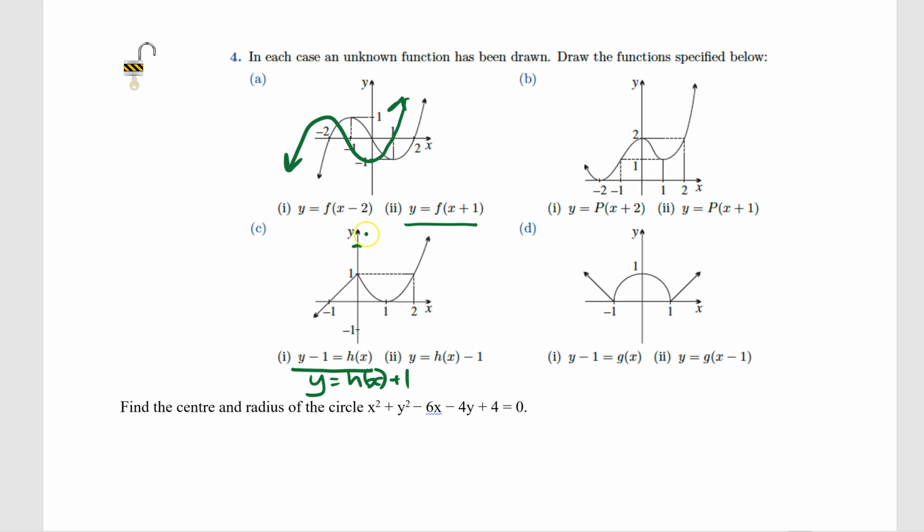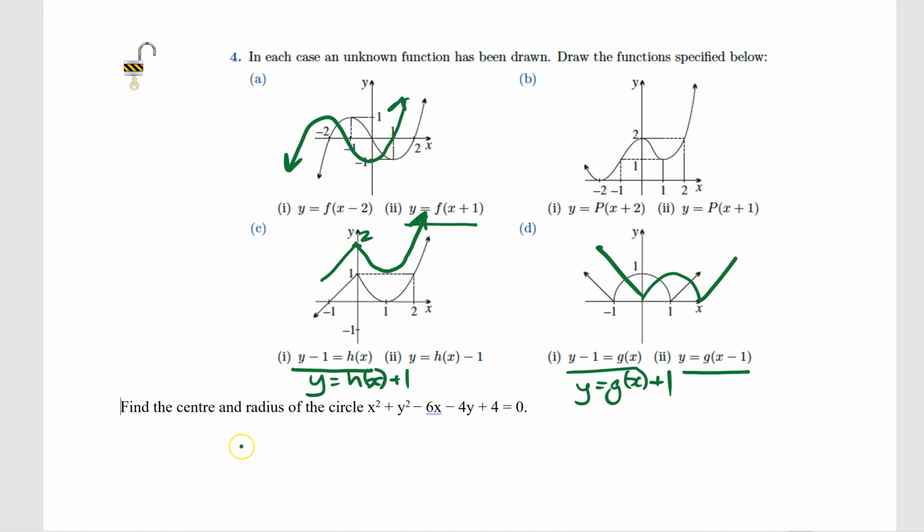So this 1 will become a 2, and my curve is going to look something like that. Similarly, this one here will become y equals g of x plus 1, which means that I take this curve and shift it up by 1. I won't draw that because it's going to get lost if I try and draw this one. So this is that curve shifted to the right by 1. So it will look something like that.